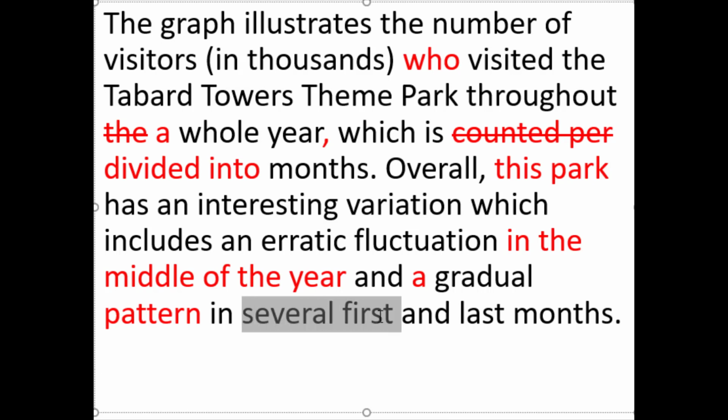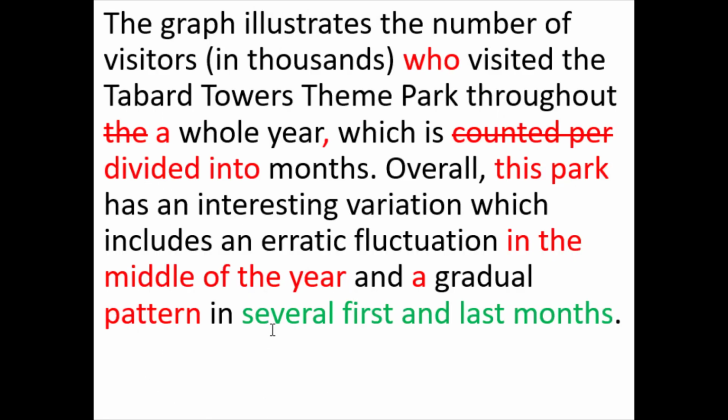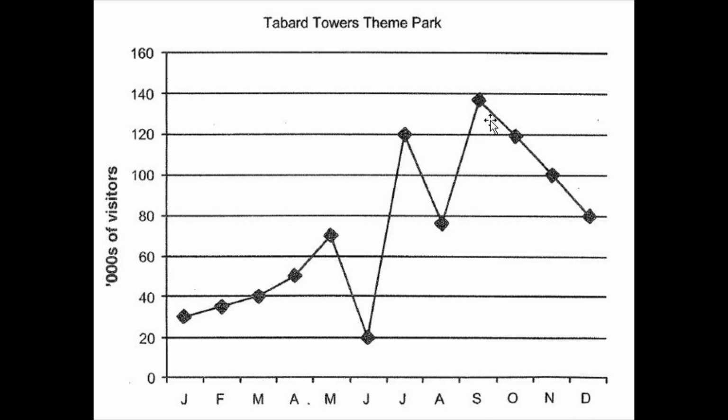Now here we have several first and last months. I'm not entirely sure what the author is referring to. Is this the gradual pattern? Because to me this doesn't look gradual, it's a pretty steep drop. And is this gradual?